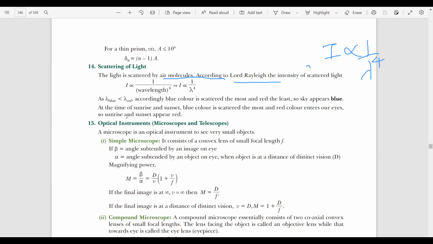The wavelength of red is more than blue, so red is scattered less than blue. That is obvious. VIBGYOR: the highest wavelength has the lowest deviation, and the lowest wavelength has the higher deviation.